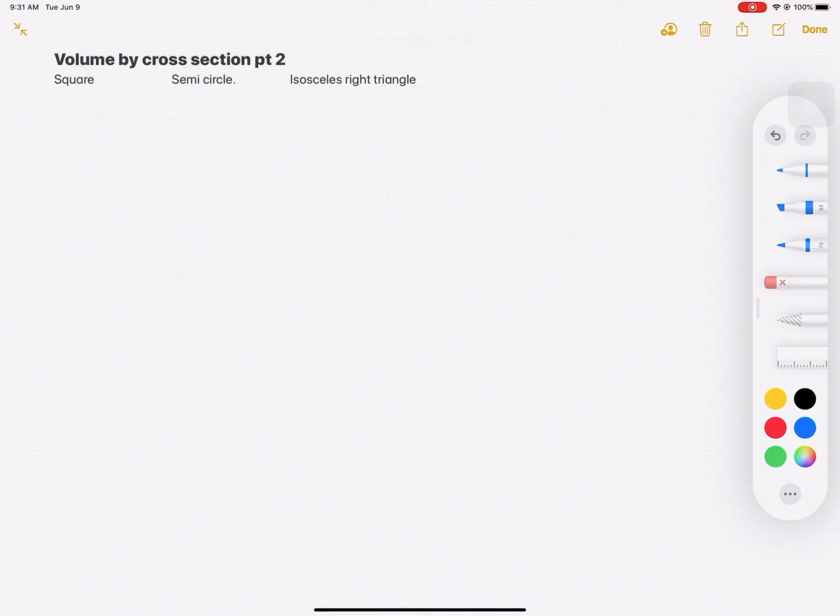So for our squares, let's just draw this out very quickly. If I give you some type of curve, we can call this f of x. And if I start building out squares like so, you end up with a 3D model here.